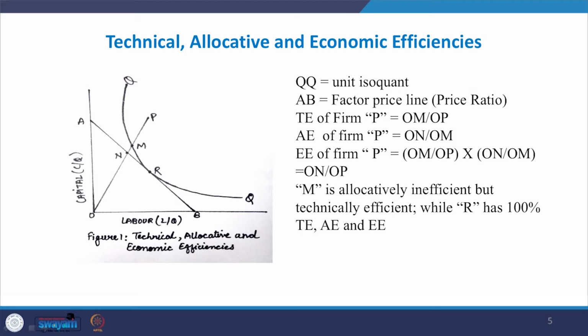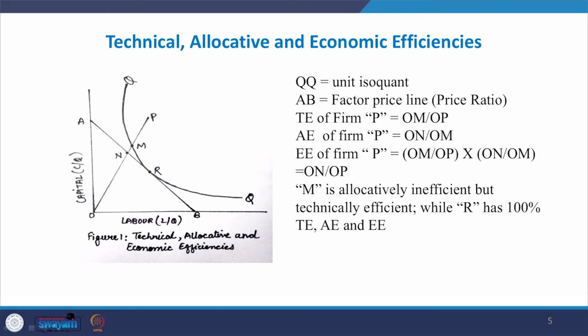So, one unit of output can be produced using different combinations of labor and capital. How much labor and capital is used to produce one unit of output is shown by the isoquant.